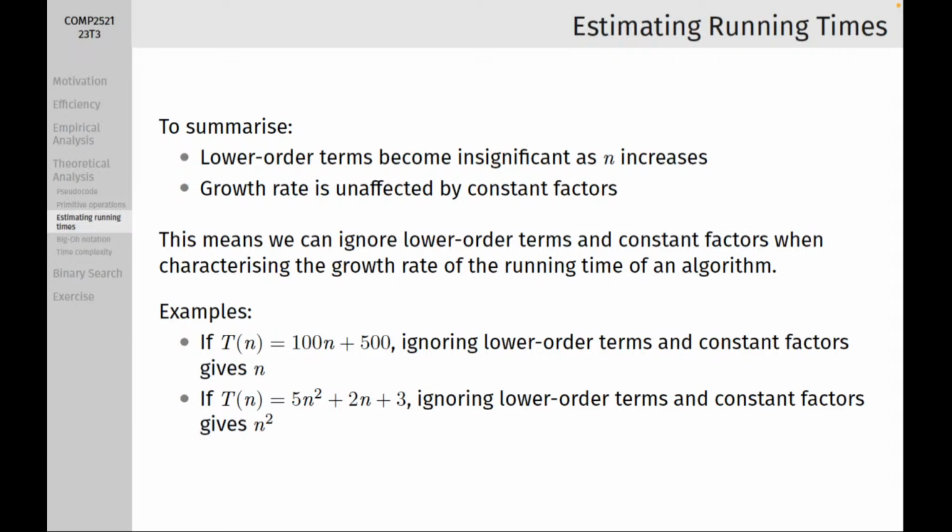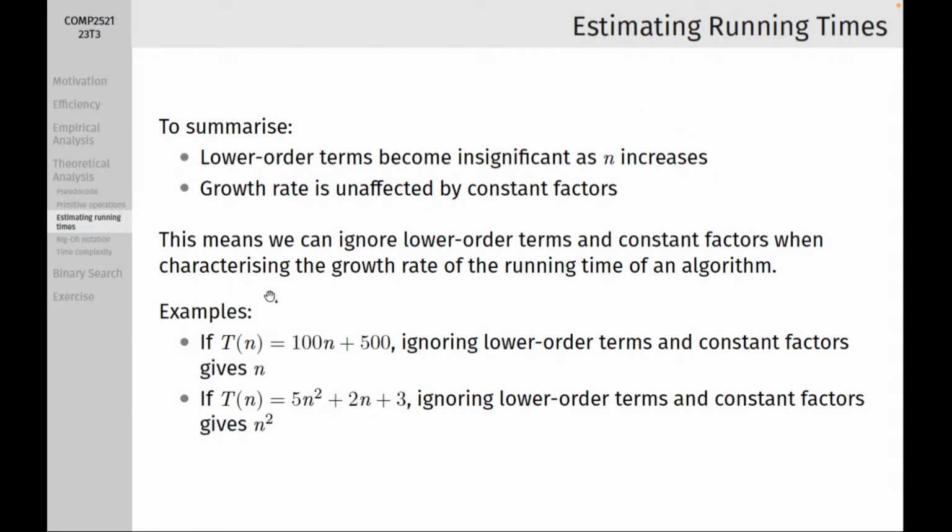So to summarize, lower order terms become insignificant as n increases, so we can discard those. And growth rate is unaffected by constant factors. So what this means is that we can ignore the lower order terms and constant factors when we characterize the growth rate of the algorithm.